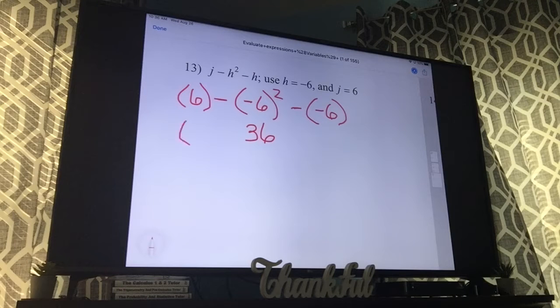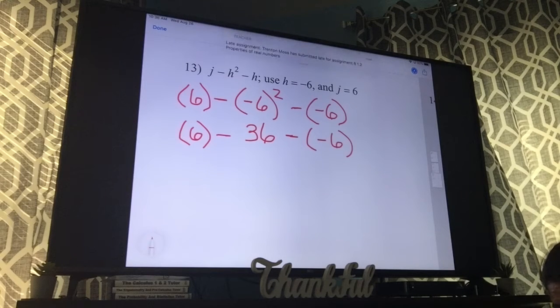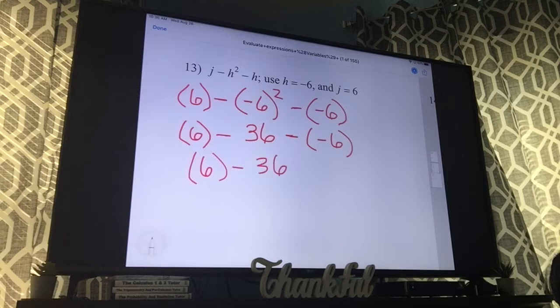So we're just going to rewrite everything. 6 minus 36 minus minus 6. Okay, so now you can go through and change all the ones that are minus minus, which is just the last one. So you can say 6 minus 36 plus 6.